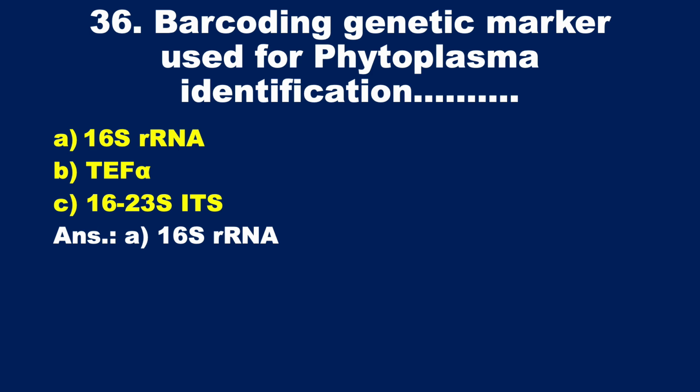Another question is on the barcoding genetic marker used for phytoplasma identification. The options are 16S rRNA, TEF alpha and 23S ITS, and the correct answer is A, that is 16S rRNA.